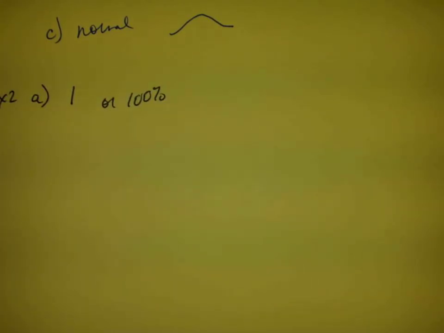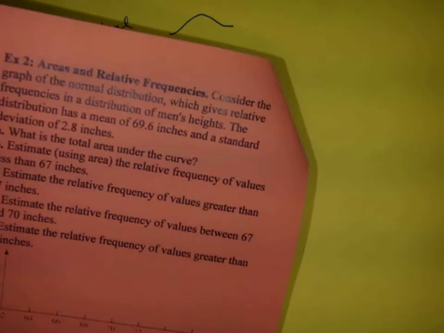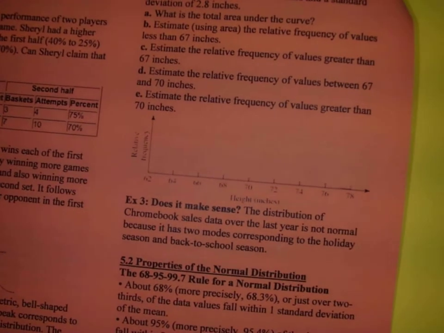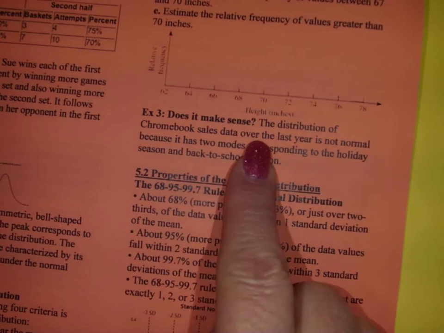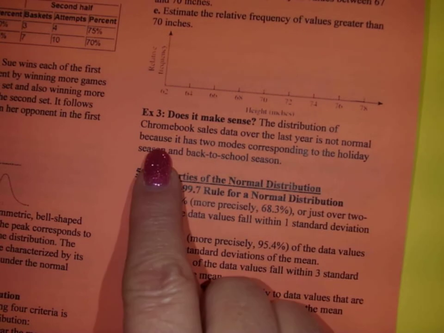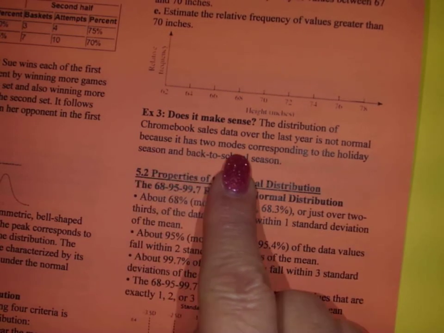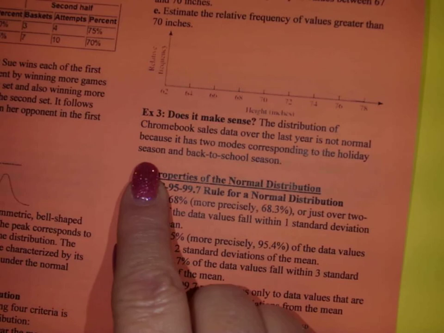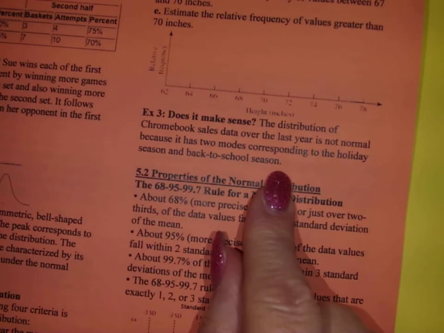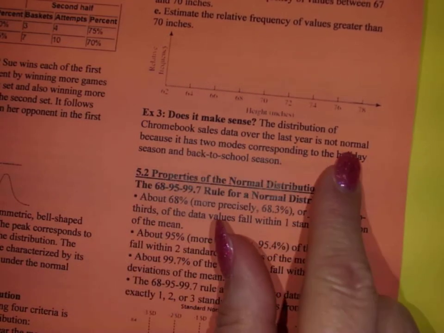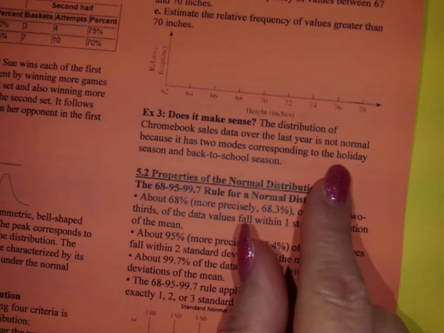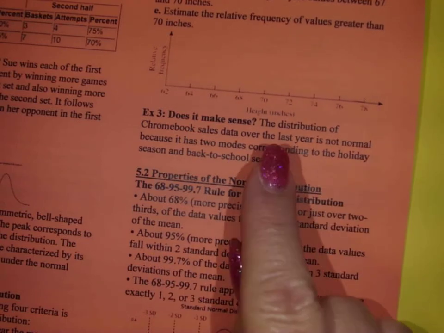All right. Our last question is, does it make sense? So the distribution of the Chromebook sales data over the last year is not normal because it has 2 modes corresponding to the holiday season and back to school season. So Chromebook sales is not normal. It has 2 modes corresponding to holiday season and back to school season.